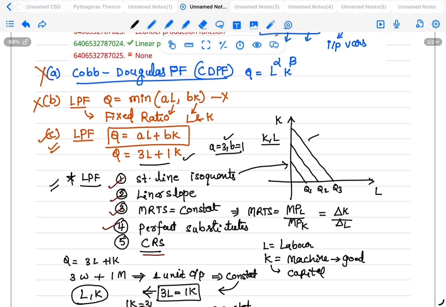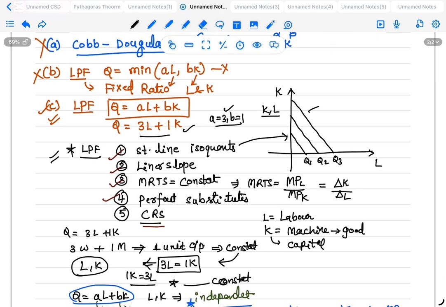Constant returns to scale means, as you know, if the production function is f of L and K, and we multiply the inputs by some positive constant t, that is f of tL comma tK, the output becomes a times tL plus b times tK.